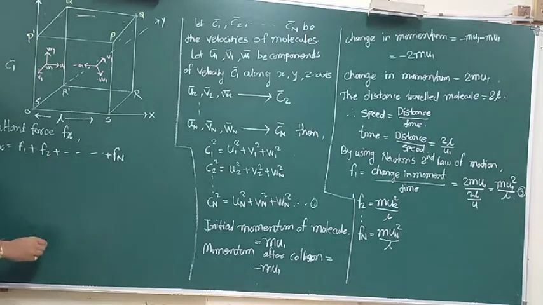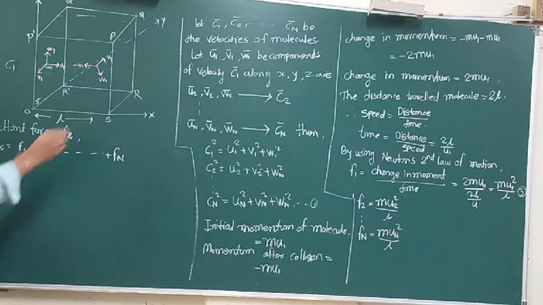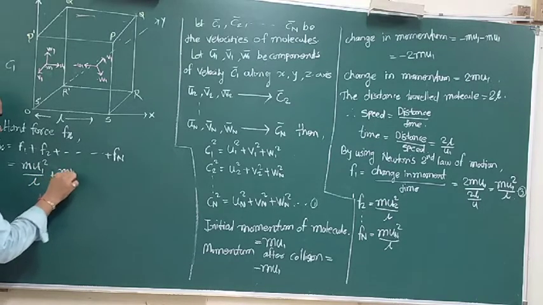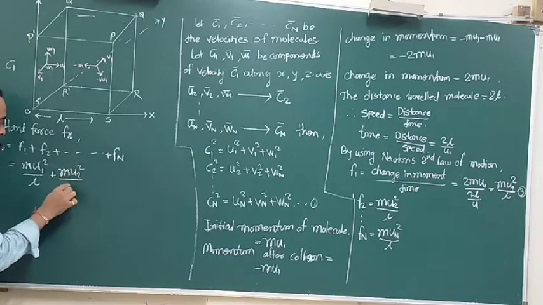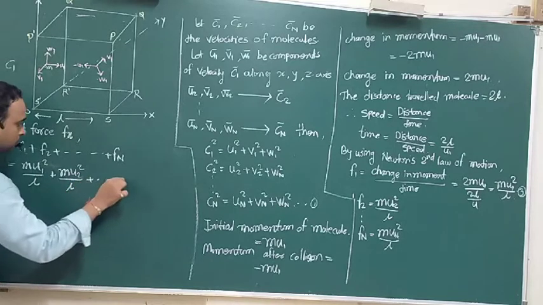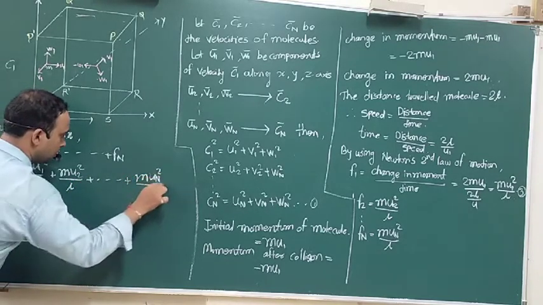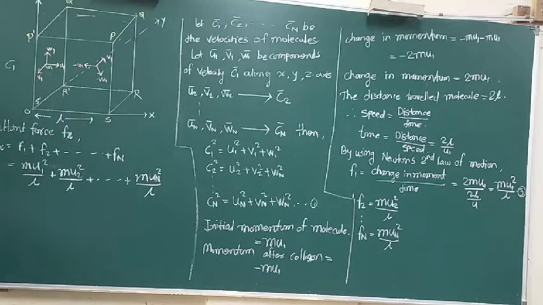Substituting the values, the value of F1 is mu1 square upon n plus mu2 square upon n plus and so on plus mun square upon n.